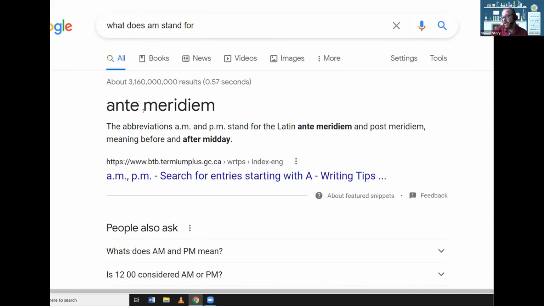So meridium would be like noon, midday. Meri being mid, diem meaning day, because in Spanish it's mediodía, the middle of the day, and then ante meaning before. So it's literally before the middle of the day, AM. And then PM would be the opposite, post meaning after meridium, the middle of the day.